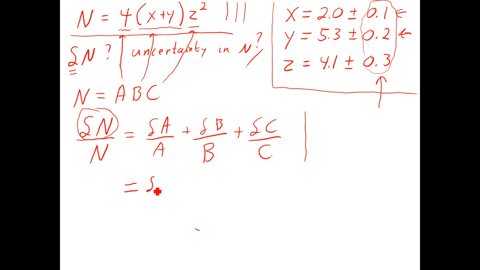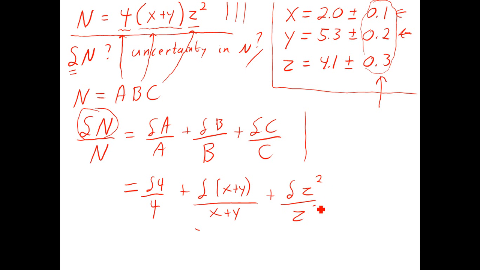So it's the uncertainty in 4 divided by 4 plus the uncertainty in B. Well, B is whatever's in the bracket, x plus y, divided by x plus y, and then plus the uncertainty in C. Well, that's the uncertainty in z squared divided by z squared. So there you go. So how you can string those guys along.